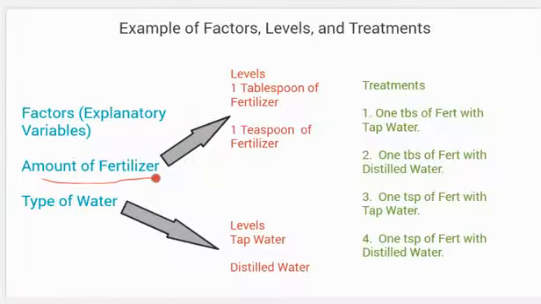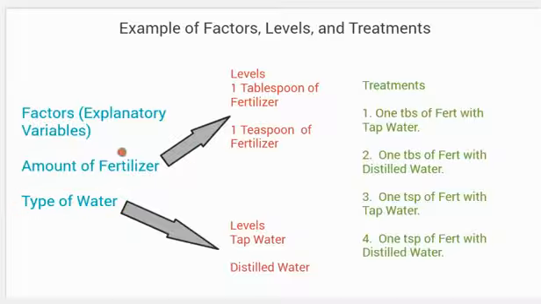The amount of fertilizer is one explanatory variable. The other explanatory variable is the type of water that I'm going to use. So we would call these factors. The two factors that I have are the amount of fertilizer and the type of water.